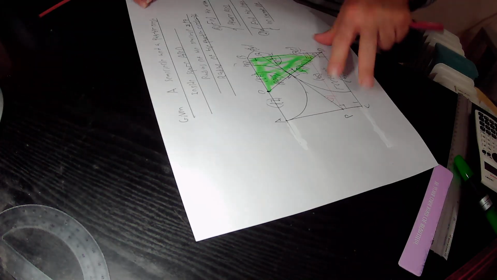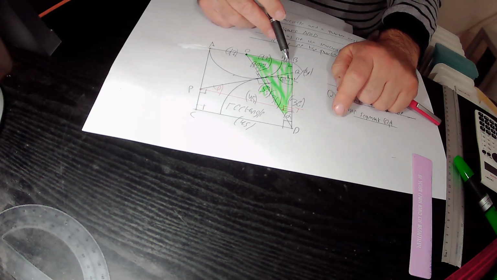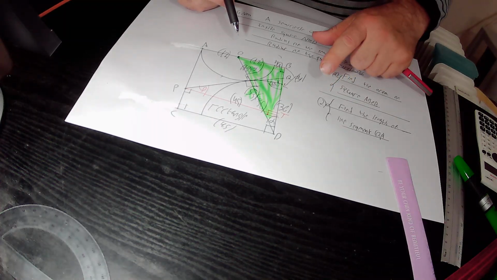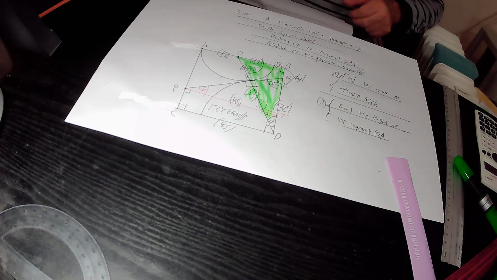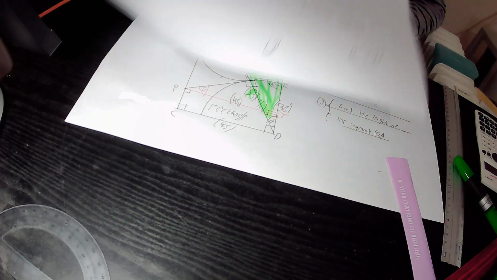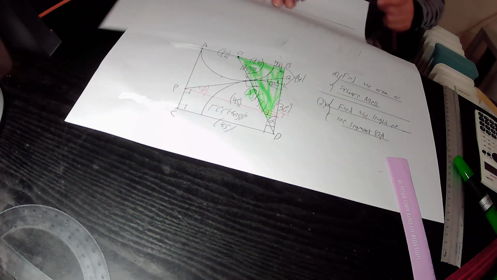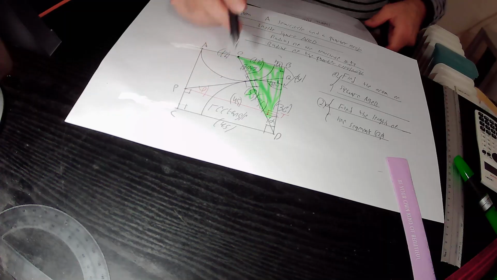So we continue to prove that the green triangle OBD can go into this triangle QPT. We know that BD equals 45, and it is equal to PT, which is also 45.